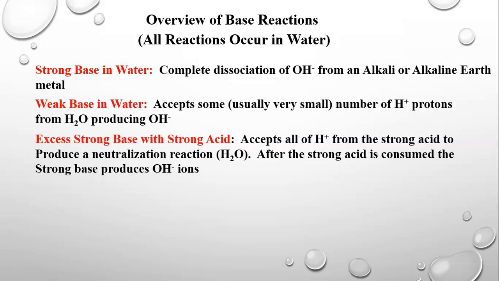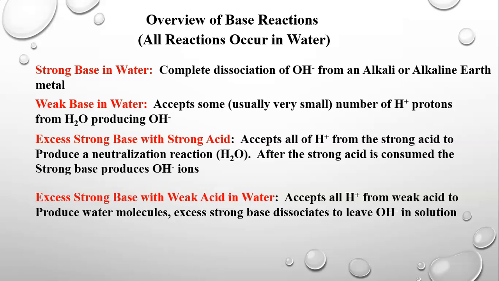So you have an OH- that's been produced by the strong base, and it takes the hydronium ion, the H+, from the strong acid, then you have H2O, and that's a neutral substance. After the strong acid is completely consumed, then the strong base is going to produce hydroxide ions. It's going to continue to break apart into, for example, sodium and hydroxide ions to produce OH- hydroxide ions in the solution.